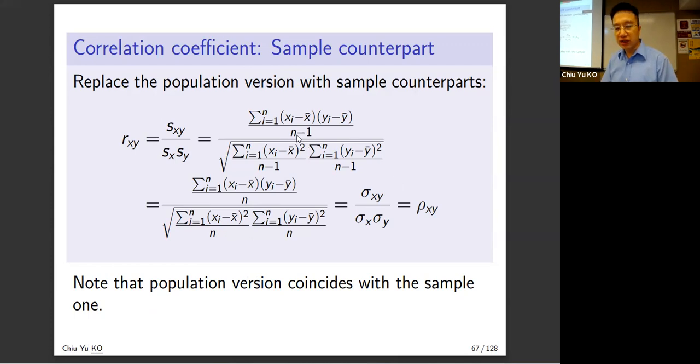Because if you change the numerator and denominator by n-1, they cancel out. So it turns out to be the same. Later, when you do Excel, the CORREL correlation coefficient has no P or S, so it's the same.